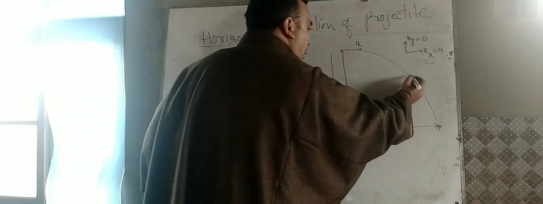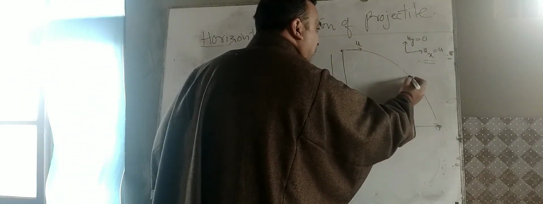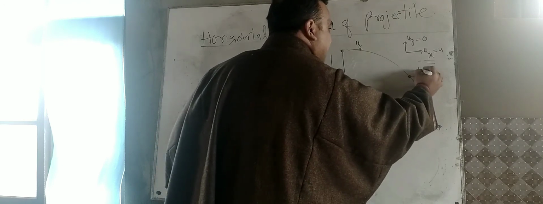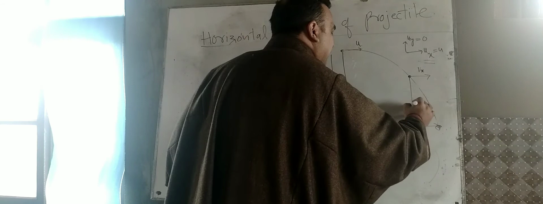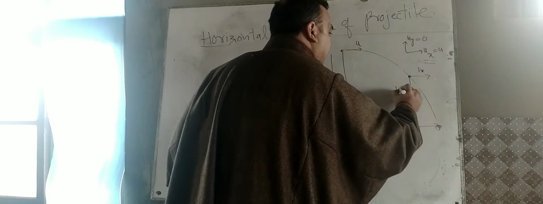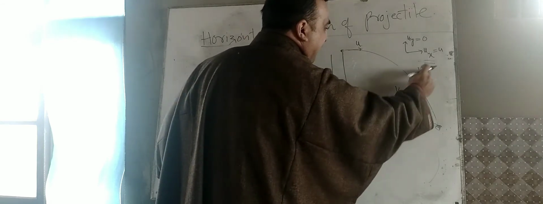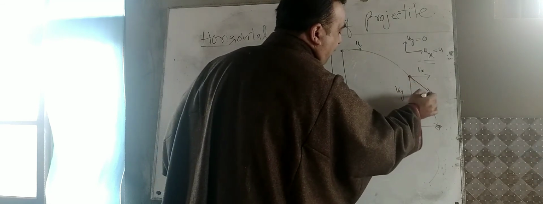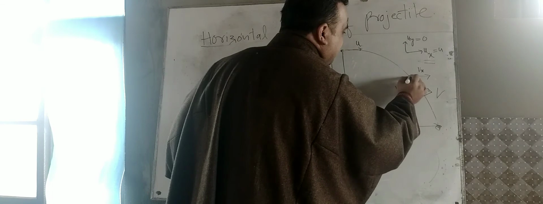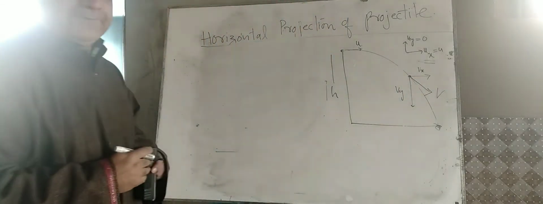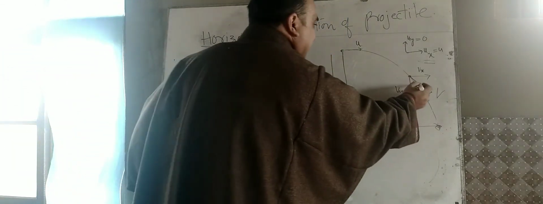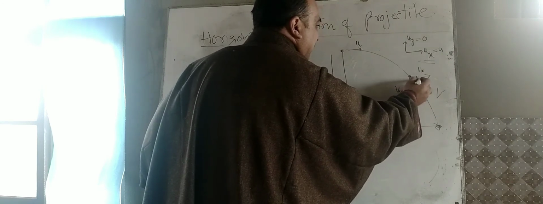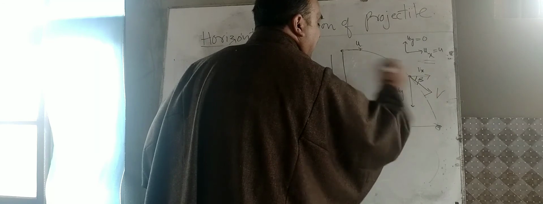Now, at this point, you will have two components of velocity. One will be Vx and another will be Vy. And Vx and Vy are components of some velocity v, which this projectile will have at this point. And let us suppose that this velocity vector makes an angle beta with the horizontal.